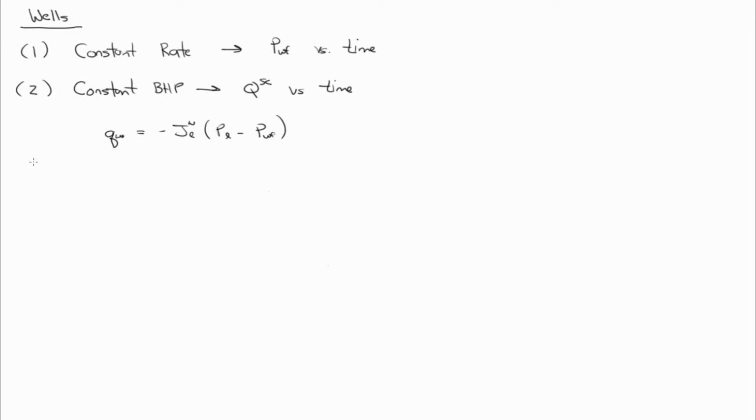So the way we're going to come up with this, we're going to start with the radial diffusivity equation. I think on your second homework you derived this. First or second homework? Or not necessarily derived it, but you worked with it and finding differences. And so it's something like phi mu Ct over k dP/dt equals 1 over r times the derivative of r dP/dr.